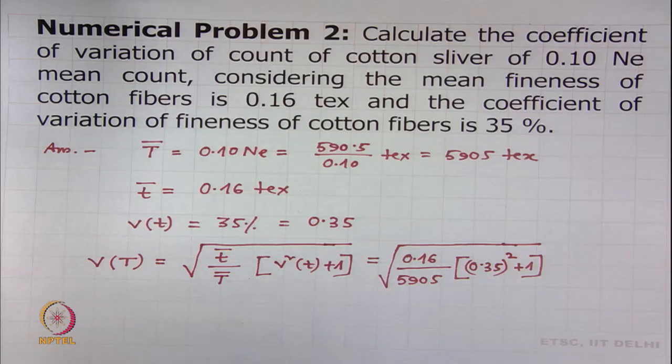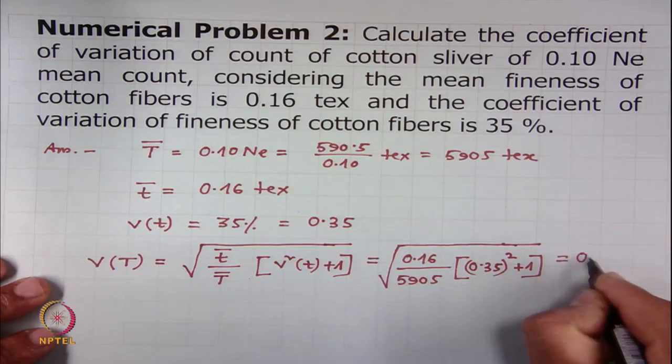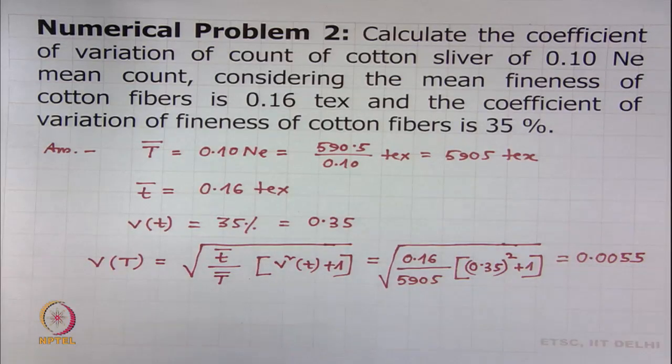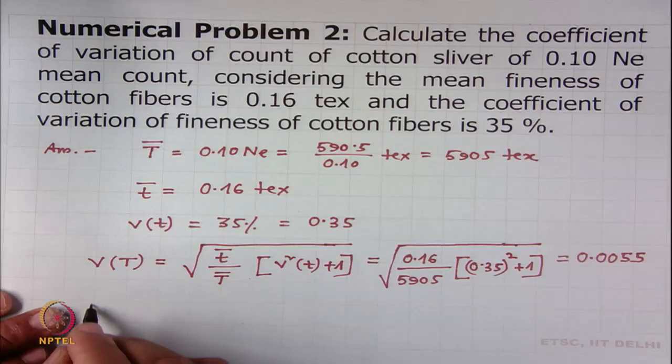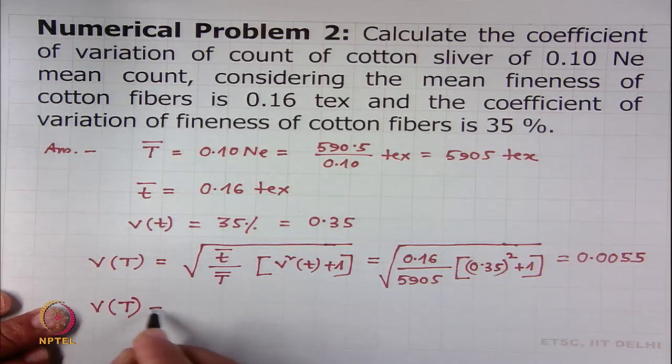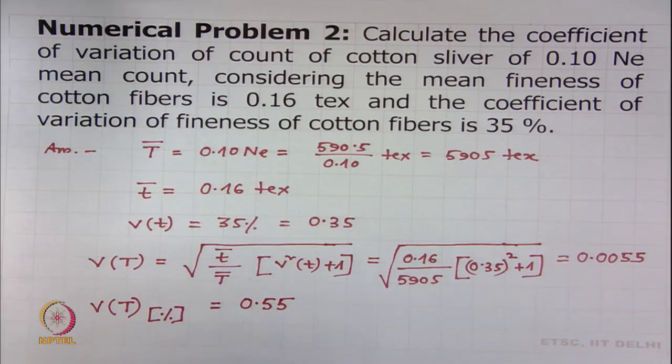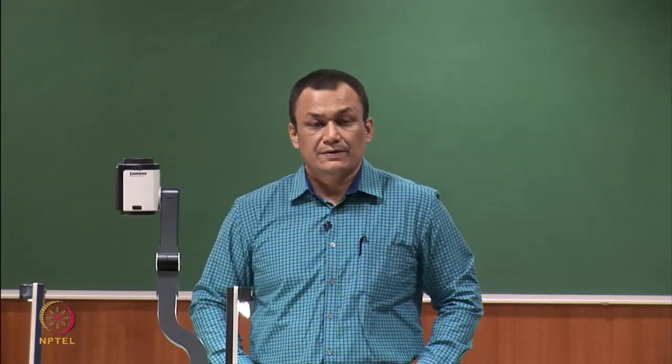Right. So, this will lead to a dimensionless value. If you wish to express it in terms of percentage, 0.55. Right. So, this is the required answer. The coefficient of variation of count of sliver is 0.55 percentage.